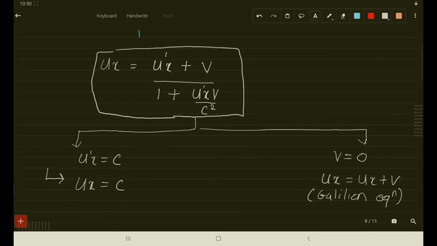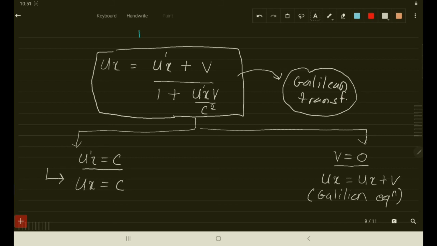We will take u dash x equal to c in one case, and in one case we will take v equal to 0, because if the frame is not traveling, or is traveling with a low velocity, then the equation that we have obtained should reduce to the Galilean transformation equation. This is because at low velocities we have found these Galilean transformation equations to be correct. So there are two ways to verify this equation.